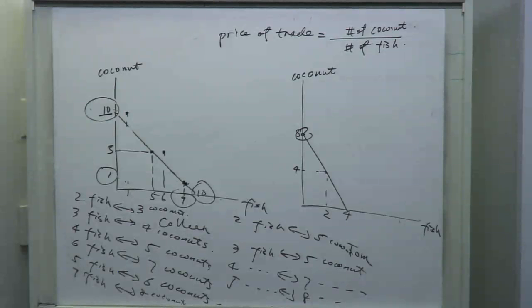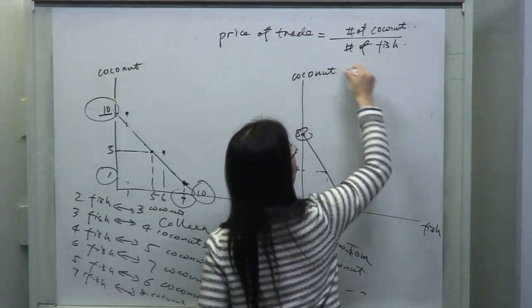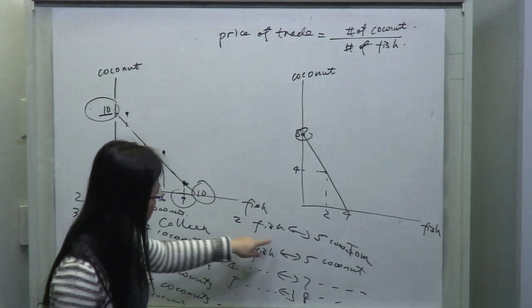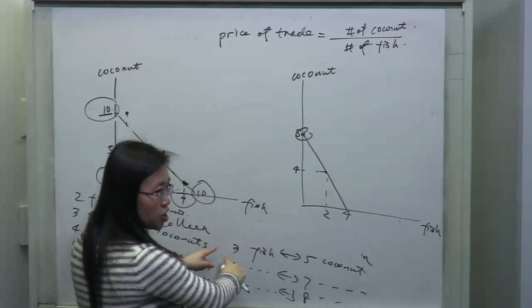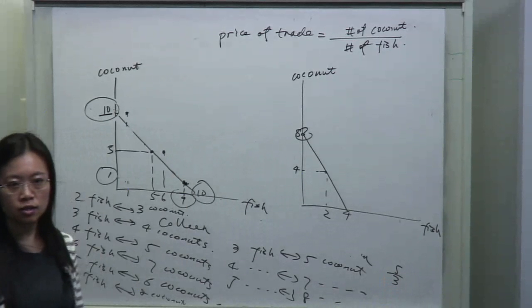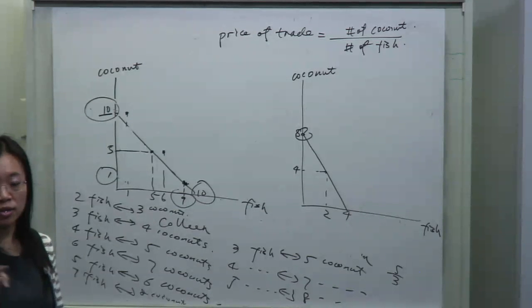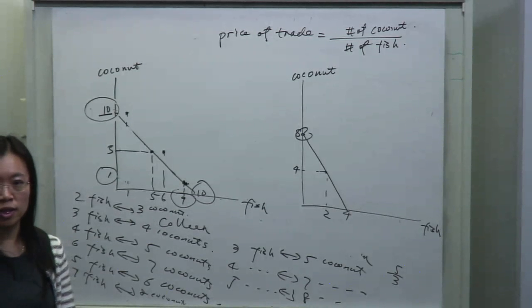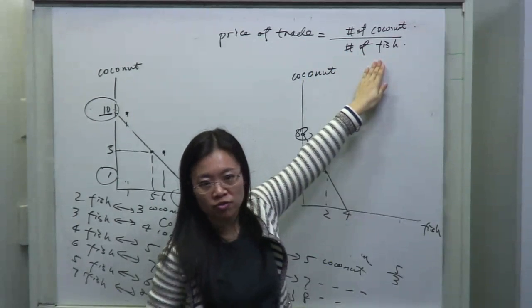So for this particular way, the price of trade will be 5/3. You guys see that? You follow me here? If you have a question, do not let it pass, or you accumulate a lot of unknowns later. That's how I define the price of trade: the number of coconuts divided by the number of fish, right?